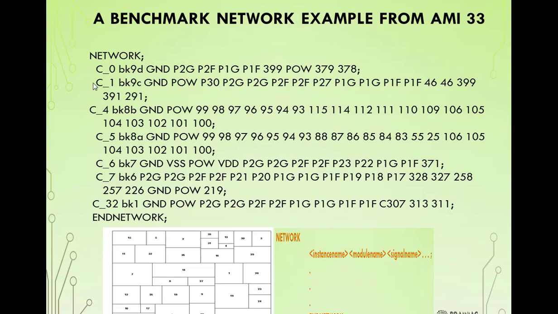This is the fourth terminal for BK9C. The second terminal for BK9D and the fourth terminal for BK9C are connected to each other. Also, this fourth terminal and the fifth terminal are connected to each other for this BK9C.